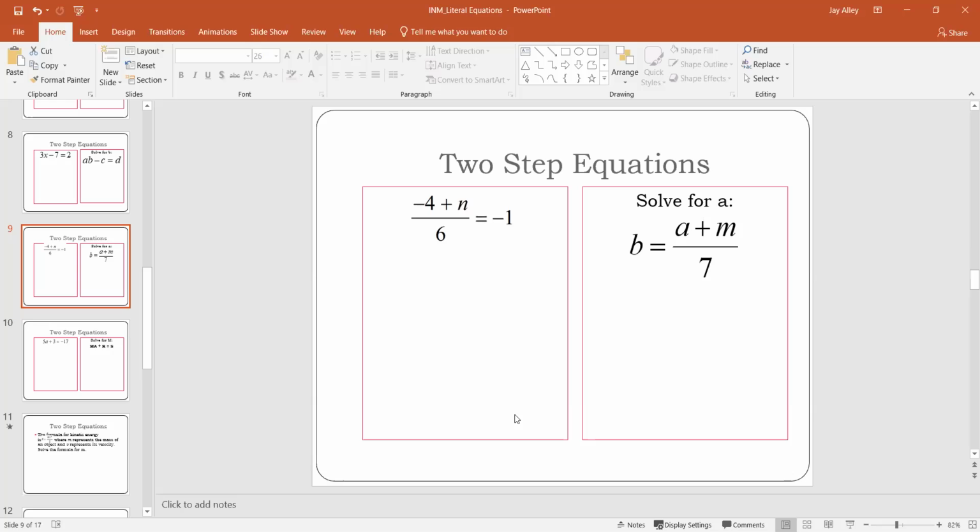We've been talking about steps that we can take to get rid of fractions, to cancel out fractions. Anybody remember what that is? I heard somebody say multiply. Multiply. Yeah. By what? Yep, we're going to multiply by the denominator, which on the left-hand side is 6, on the right is 7.